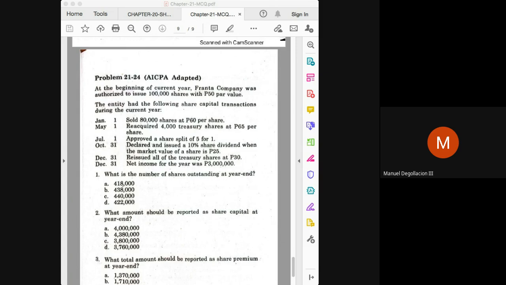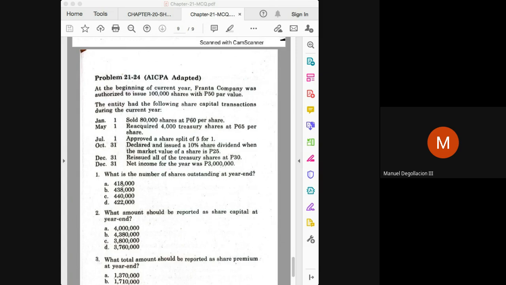But not the entire 400,000 will receive dividends because we had treasury shares before the stock split. And how much was our treasury shares?